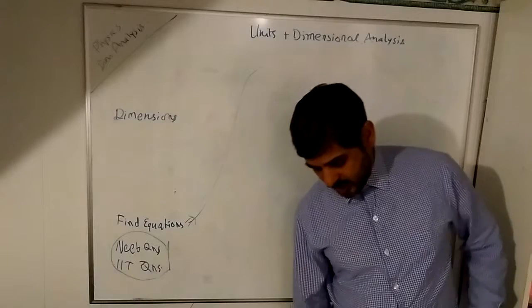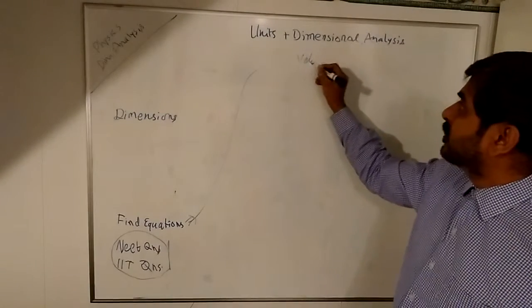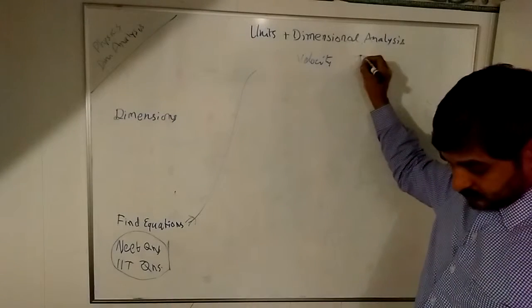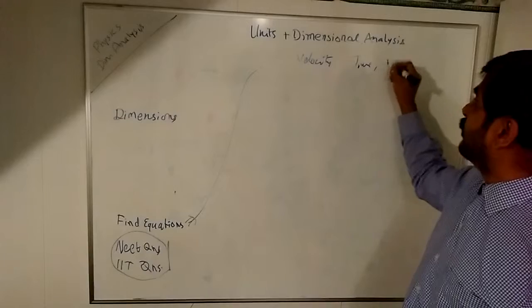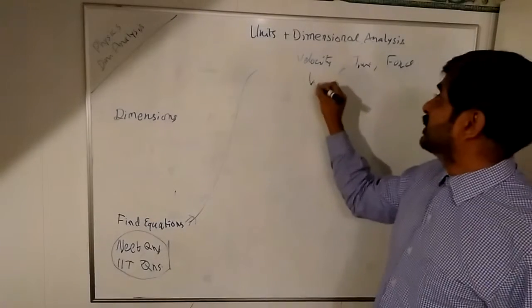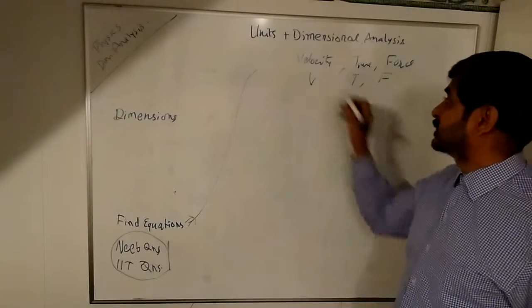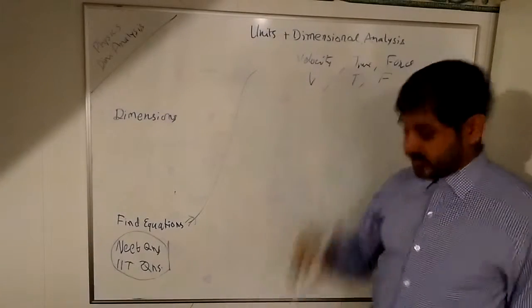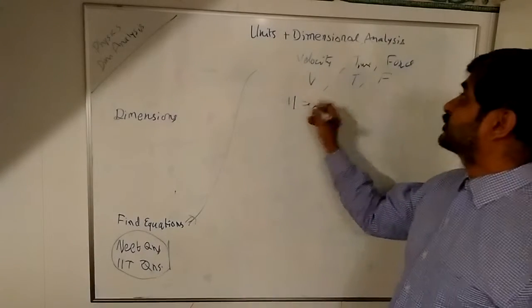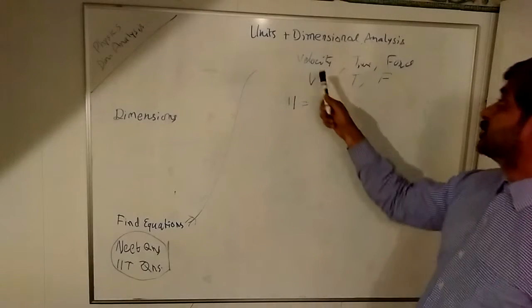One of the questions we have is, let's say, velocity and time and force. These are the three given quantities. These are the three fundamental quantities: velocity, time and force. If these are the fundamental quantities, we need to express mass in terms of these three fundamental quantities. What will be the dimensions of V, T and F?